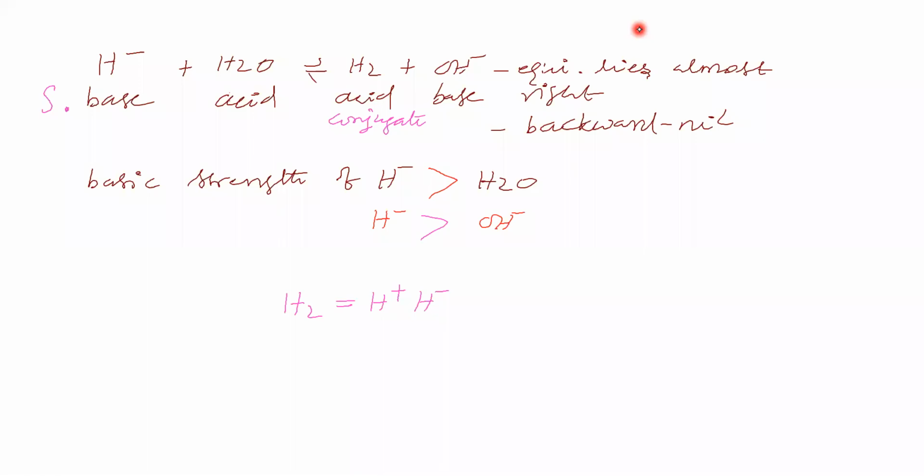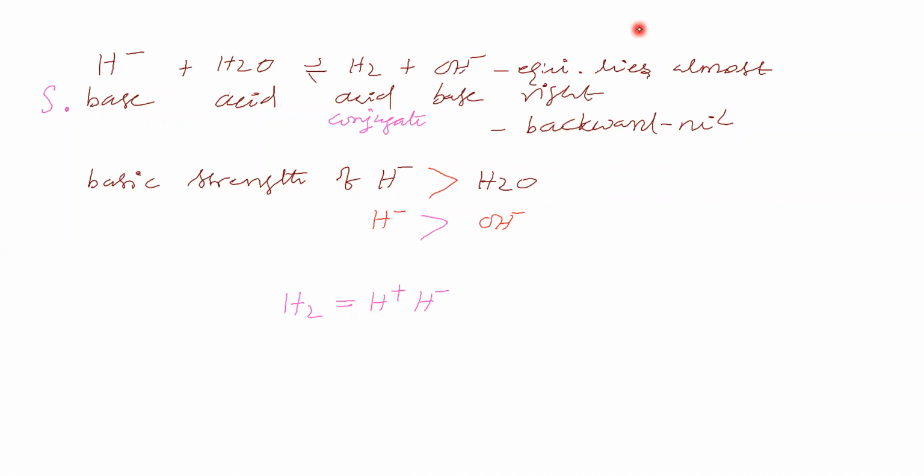So H minus conjugate is H2, and H2 conjugate is H minus. Conjugate means the difference should be H plus. Now H minus and H2, what is the difference? H plus is the difference. Therefore, these two are conjugates.